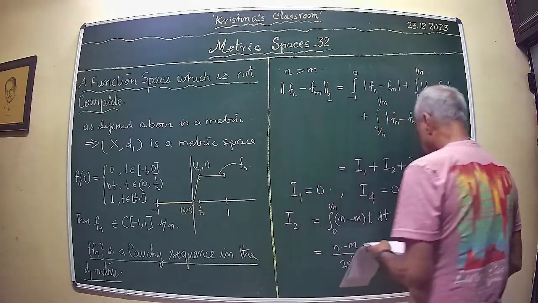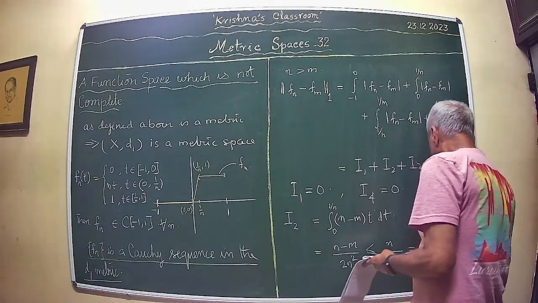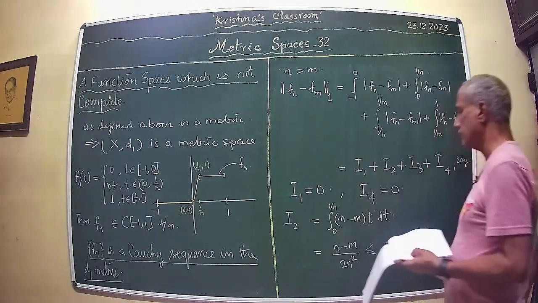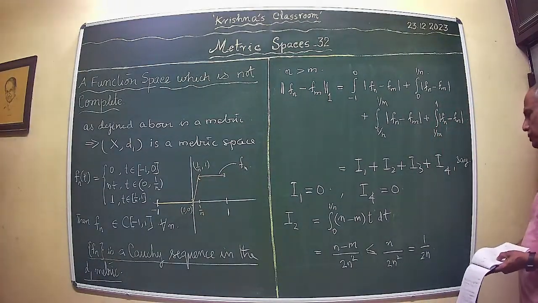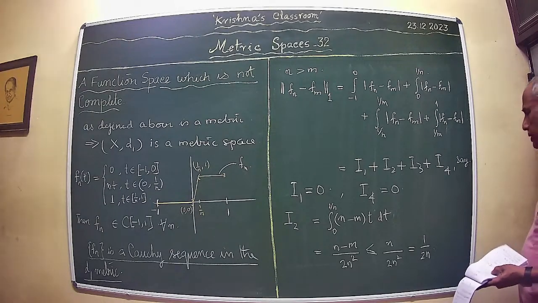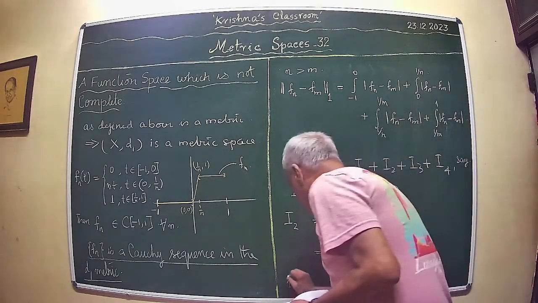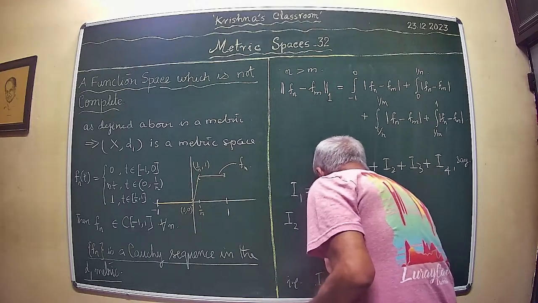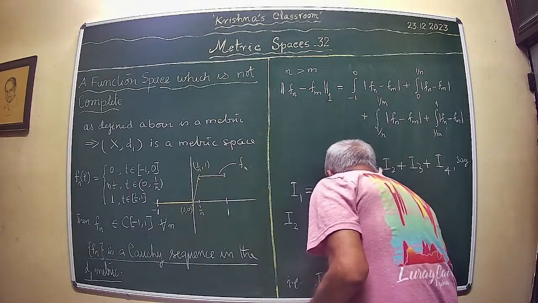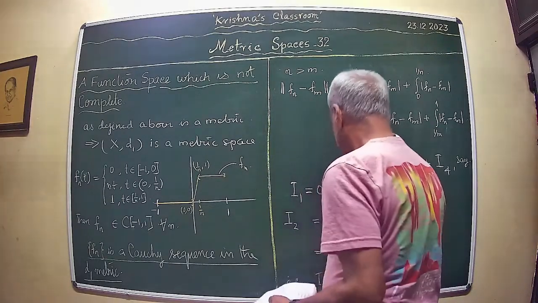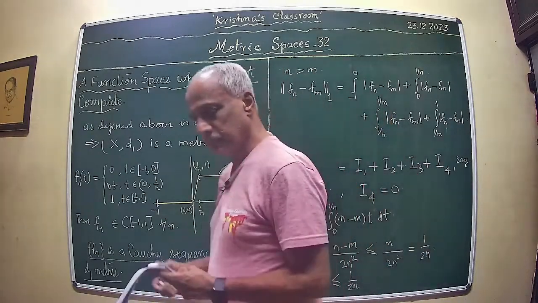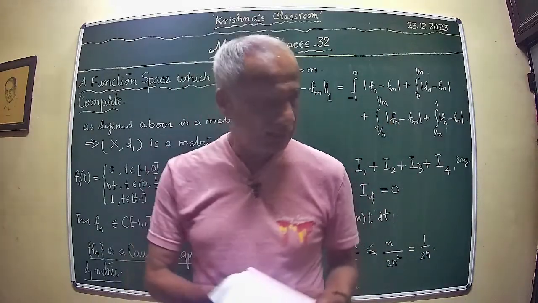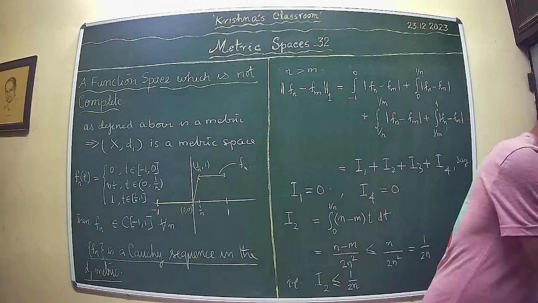That's an upper estimate for that. Therefore, we get I2 is less than or equal to 1 by n. So this is the estimate that we get. Now we estimate I3.